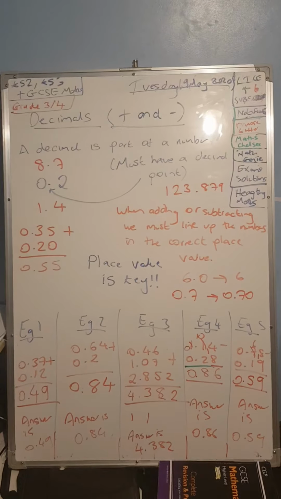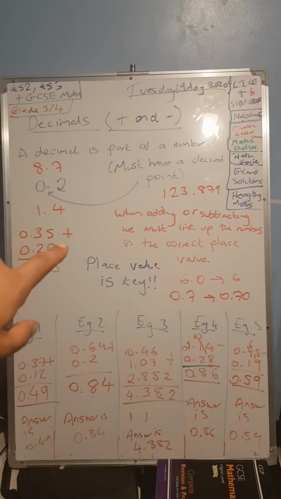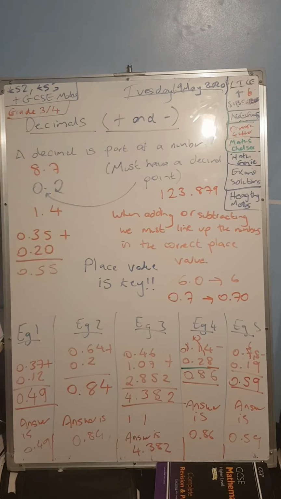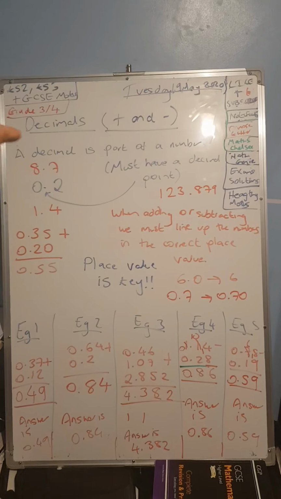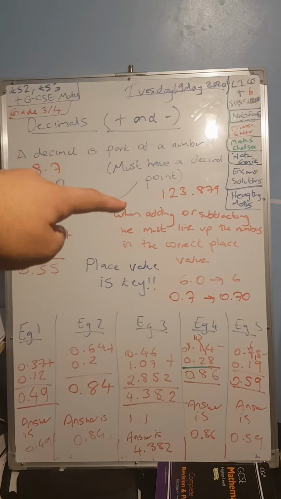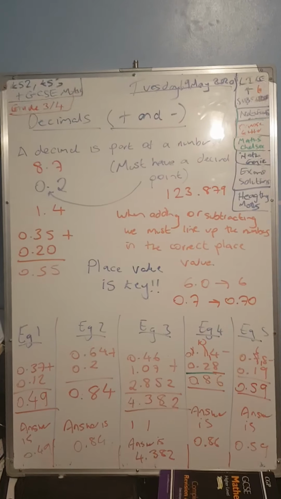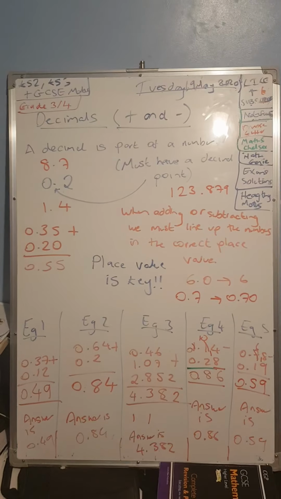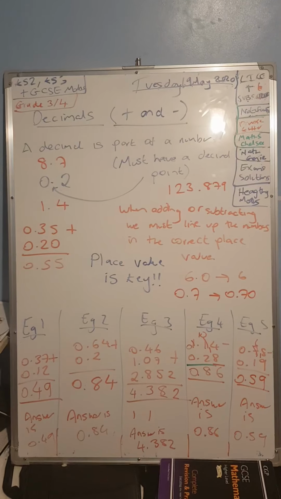Right guys, so a little introduction. A decimal just means a part of a number, so it's part of a whole number. So these are all decimals: 8.7, 0.2, 1.4, 123.879, a million point 24.